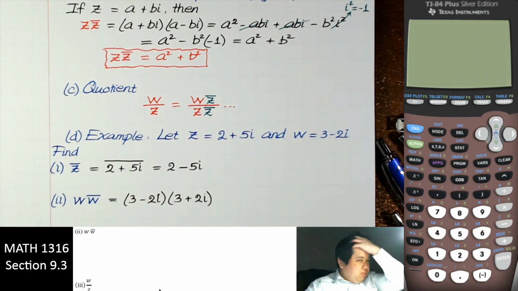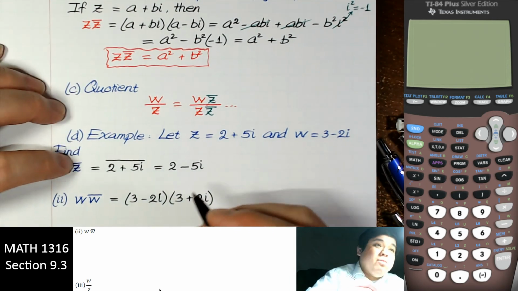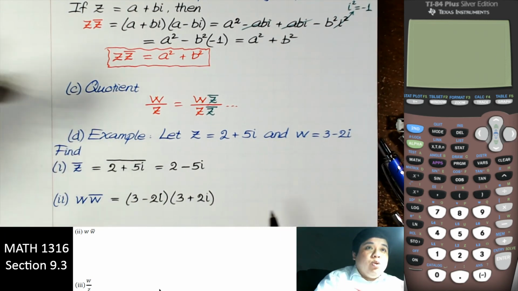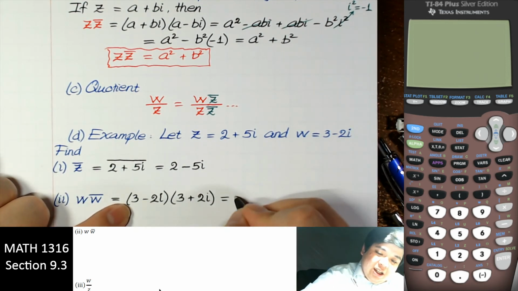So we just change the sign of the imaginary part and then we have it. Right. Just multiply it out, even though we know it's going to be 9 plus 4, so 13. This is something that we don't need to memorize.